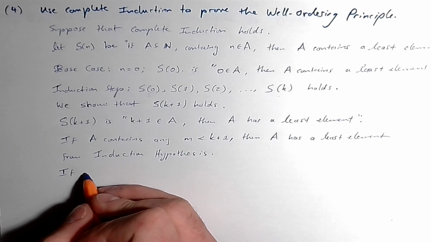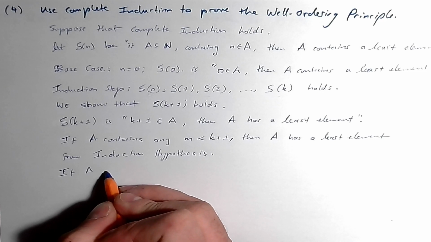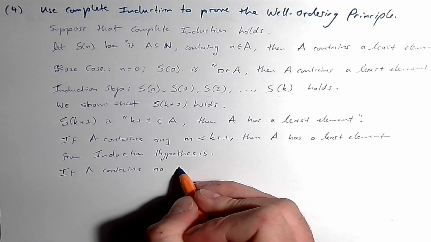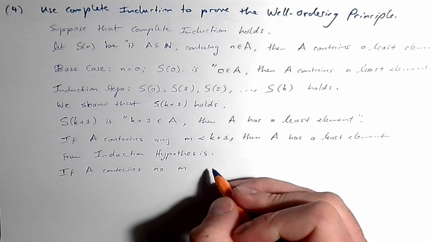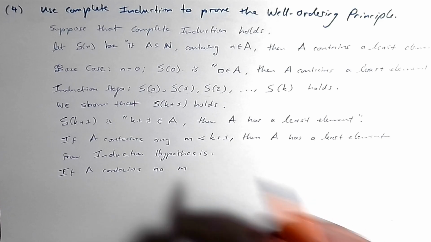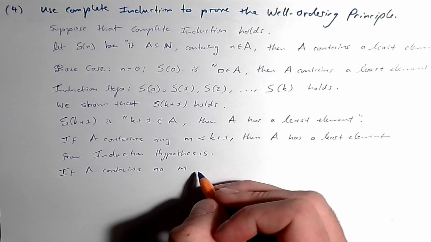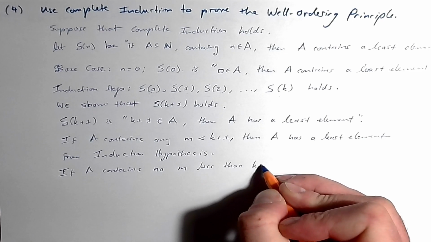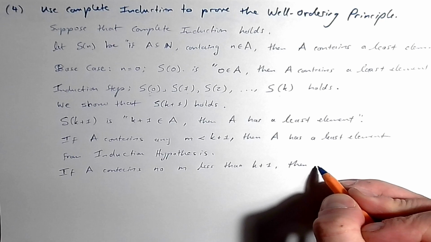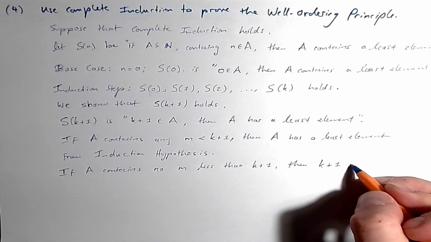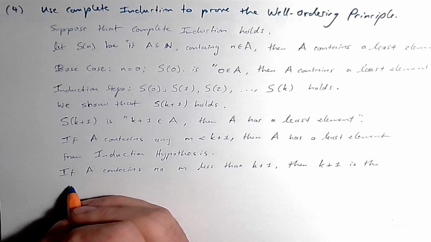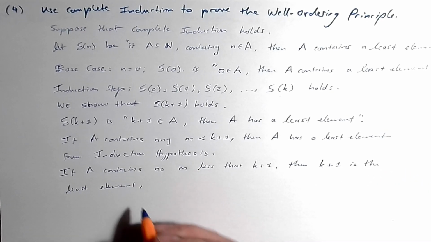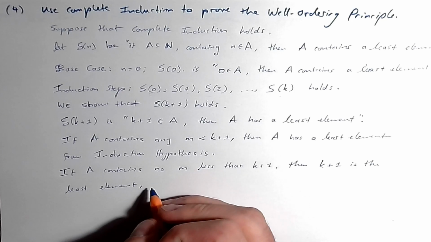The second case is that if A contains no number less than k plus 1, then in fact k plus 1 is that least element. And therefore A does contain a least element.